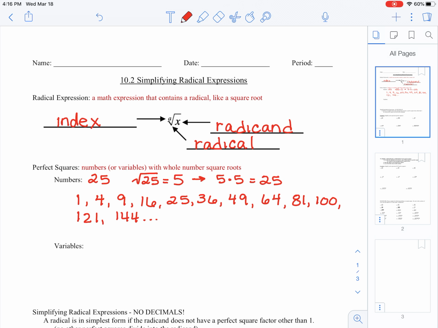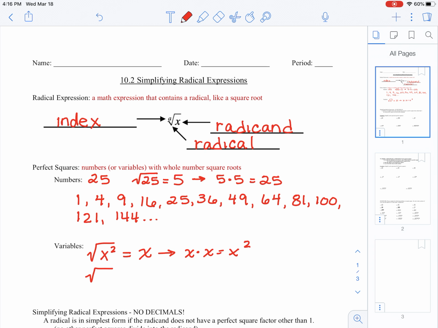We also have perfect squares with variables. So let's consider something like x squared. If I take the square root of x squared, remember squaring and square rooting undo each other, and we know that the square root of x squared is just x. Well, that's because x times x gets us back to x squared.